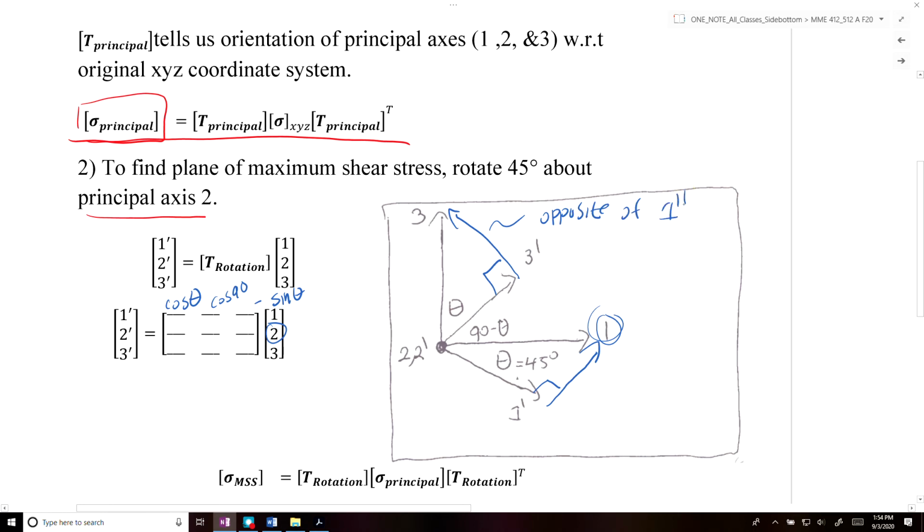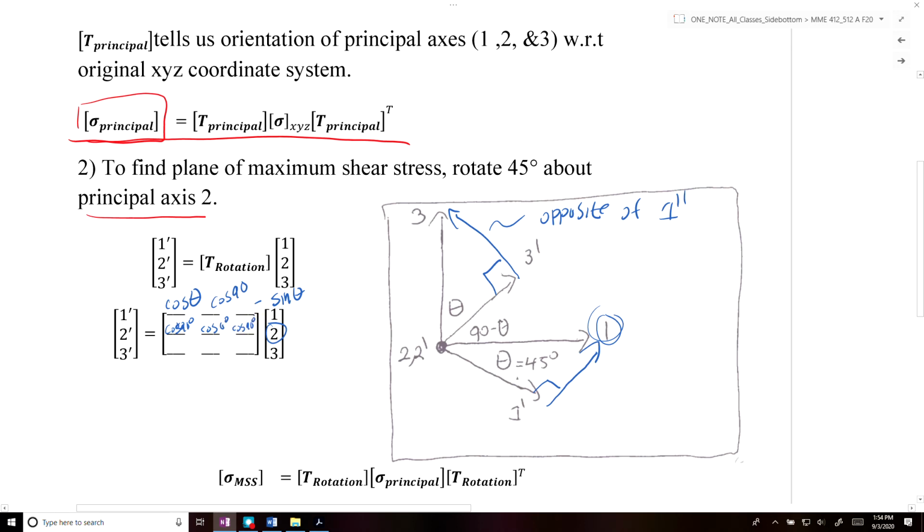We can repeat this process for the projection of 1, 2, and 3 on the 2' axis. In this case, we would get cosine of 90 degrees, cosine of 0 degrees, and cosine of 90 degrees.